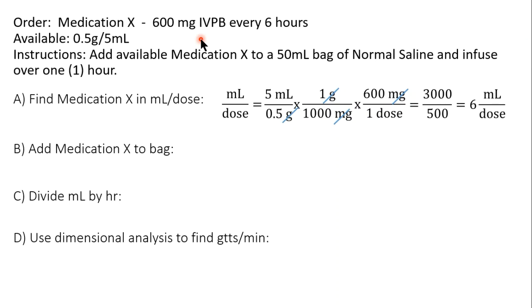Now, how much medication X are we going to add to the bag? So we need to give 6 milliliters and the bag is 50 milliliters. So in total, the bag has to be 56 milliliters.